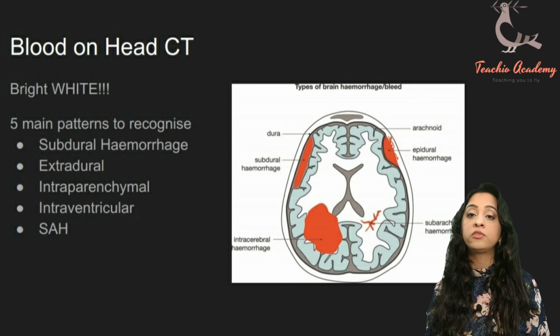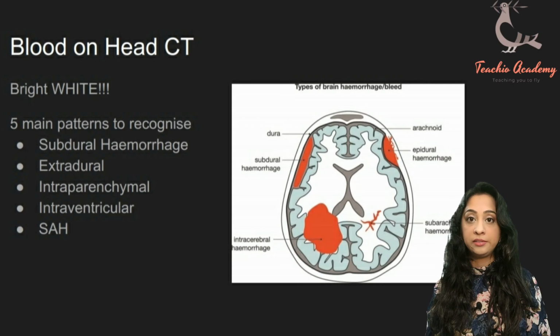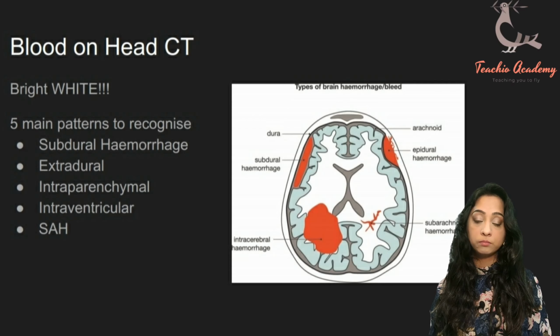They appear a lot of times on your PLAB 1 exams, and even in real life when you're reading head CTs in ED, you're going to get lots of subdural hematomas. If you miss them out, you're going to create a very bad impression in front of the examiner or in front of your consultant. So make sure you understand that concept right now.